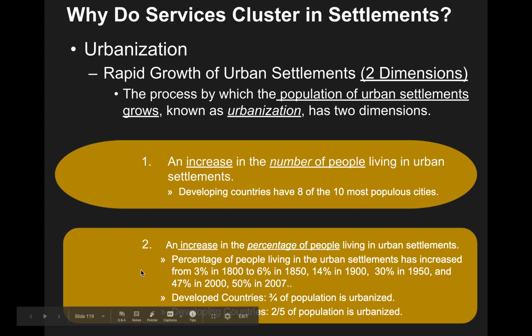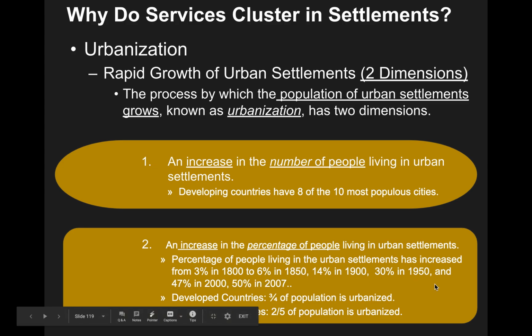We look at the percentage of people living in urban areas. We can see that throughout history, there's been rapid development in the 1900s, the 20th century, within developing countries. You can see in 1900, 14% lived in urban areas. Then 30% in the 1950s, and then by 2000, 47%, and in 2007, 50%.